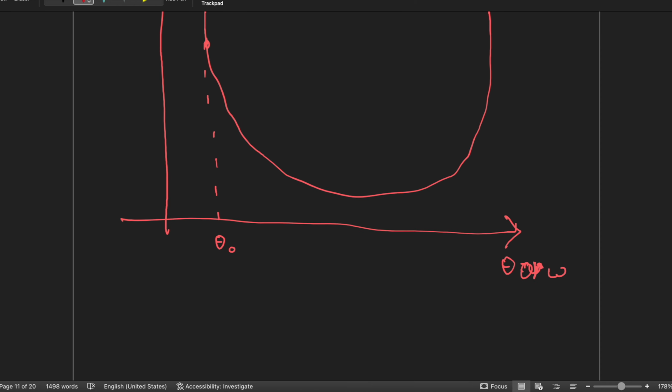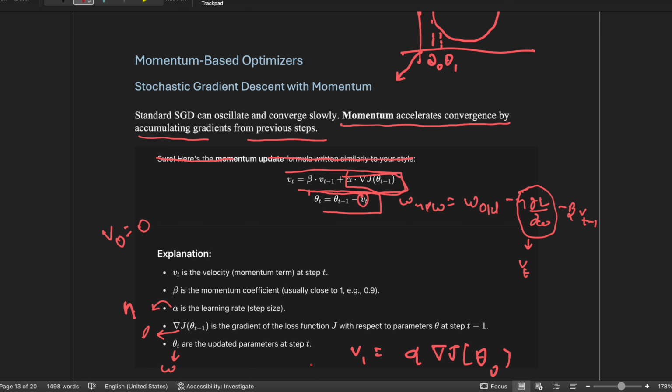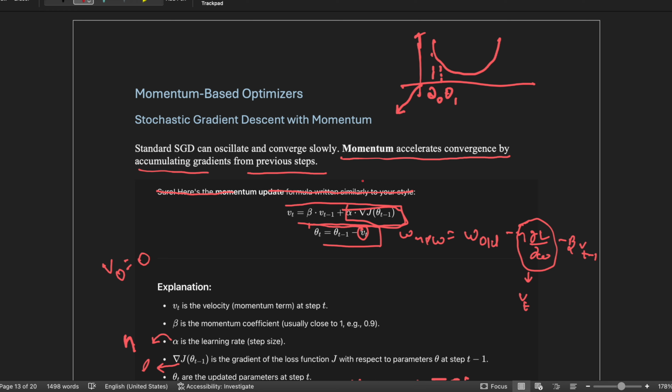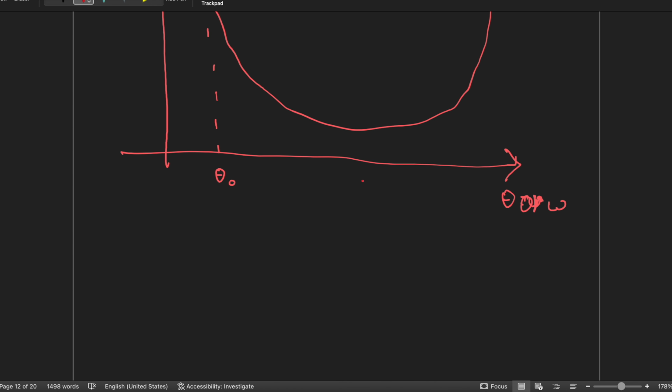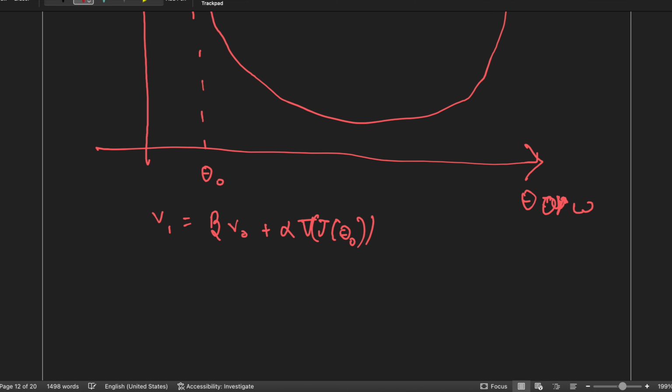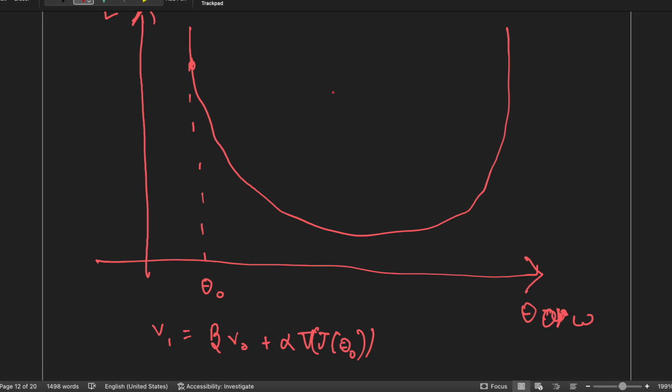Then what's happening? We already know that the formula of Vt is beta Vt minus 1 plus alpha, where alpha is our learning rate, times the gradient with respect to that parameter at that position. So if we calculate V1, it is beta V0 plus alpha, or eta, as a learning rate, times J. The slope of the loss will be calculated from this point.